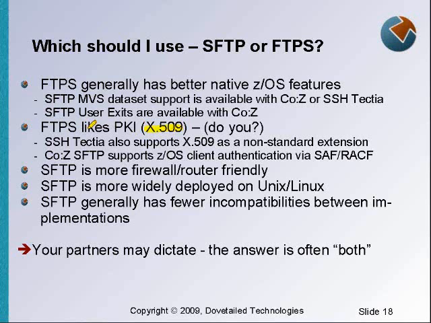They have a non-standard extension. It's not part of the SSH standard, but they'll allow you to use X509 certificates to authenticate sessions, which is kind of cool, I think. In Cozy SFTP, we do something that we think is very unique. We allow you to use a certificate in SAF RACF, but we don't exchange it as a certificate over the wire.